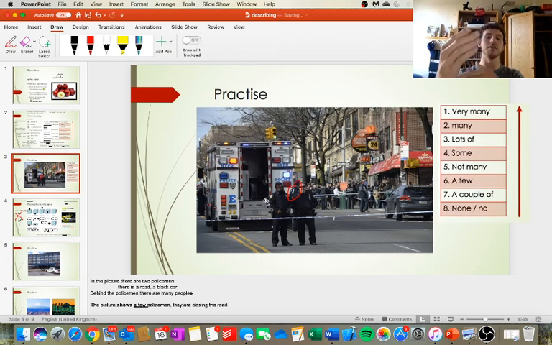Okay, I guess if you are on this side over here, they are behind the ambulance.